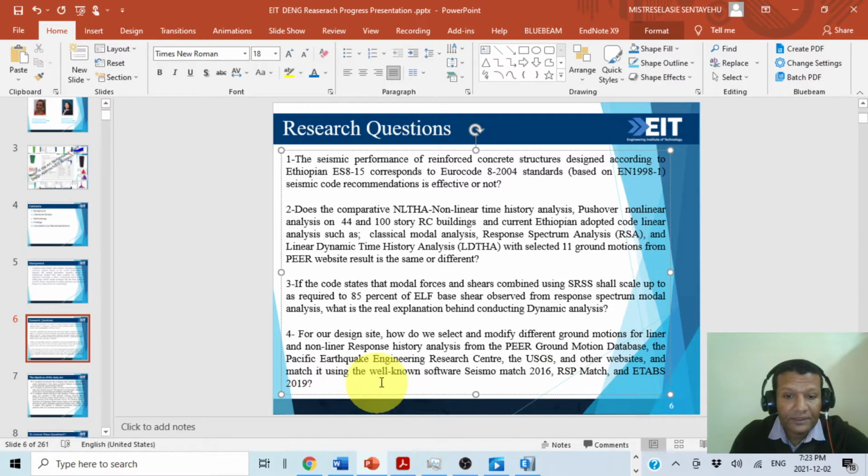Basically for this research I used ETABS 2019 and I matched the ground motion I showed you. I matched it with a target response spectrum with ETABS 2019. But we can also use SeismoMatch.